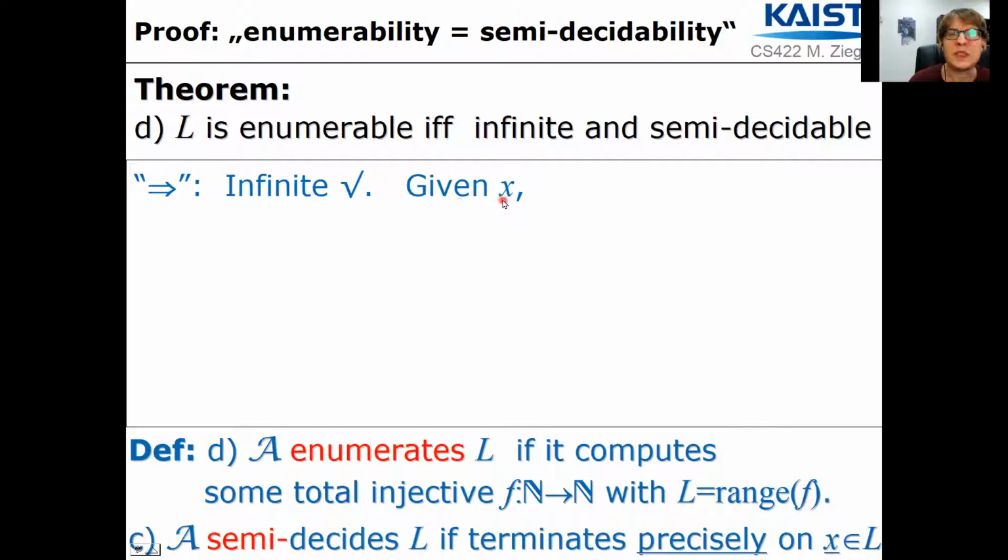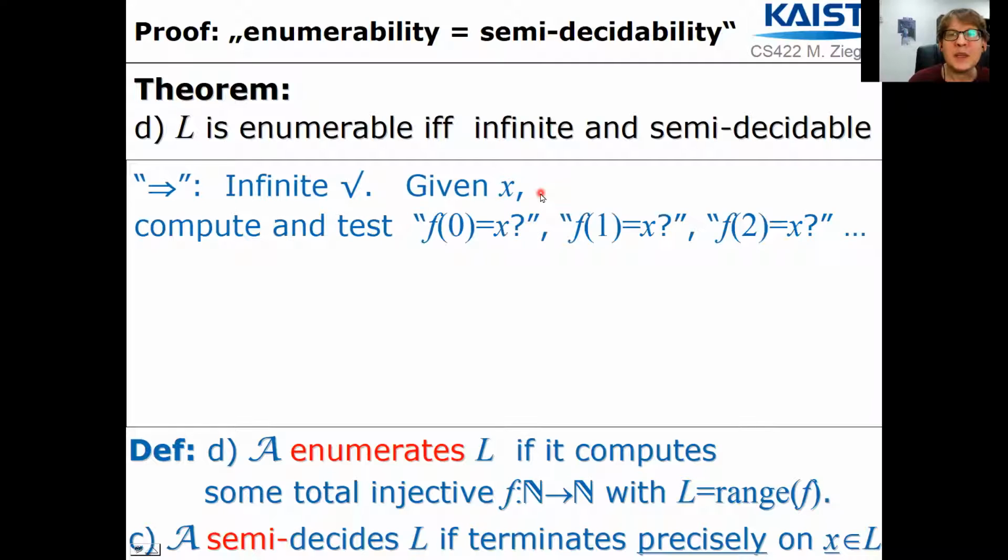So the algorithm receives as argument some input x, a natural number, and then repeatedly calculates f of 0, f of 1, f of 2, and so on. And by hypothesis, since this function is totally computable, every single one of these computations terminates. So here, we don't really need to worry about scheduling or interleaving or dovetailing.